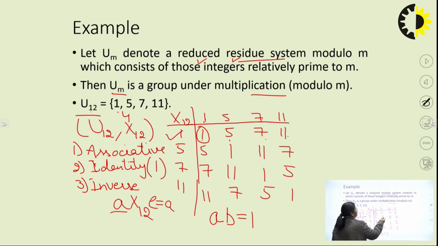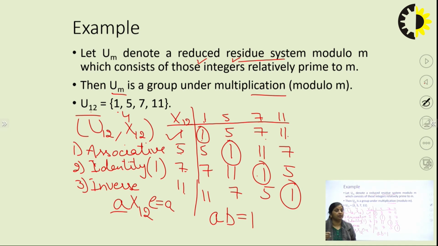For 5, I get 1 with 5 on the other side. For 7, 7, and for 11, 11. So 1 is the inverse of 1, 5 is the inverse of 5, 7 is the inverse of 7, and 11 is the inverse of 11. I found the inverse element of each element of the set. Under this operation, all the elements are inverses of themselves. So all 3 properties are true, and it forms a group.